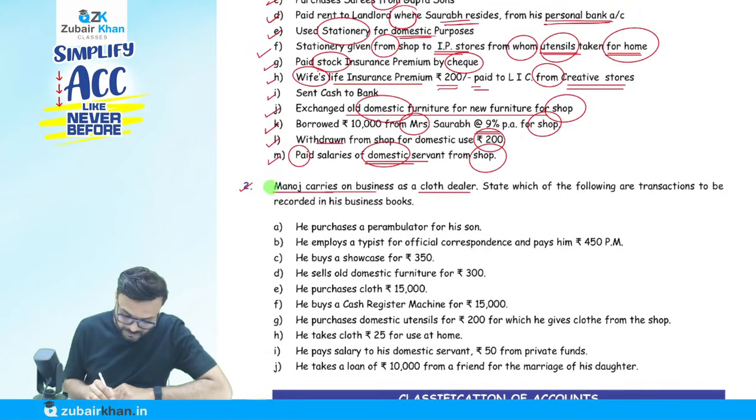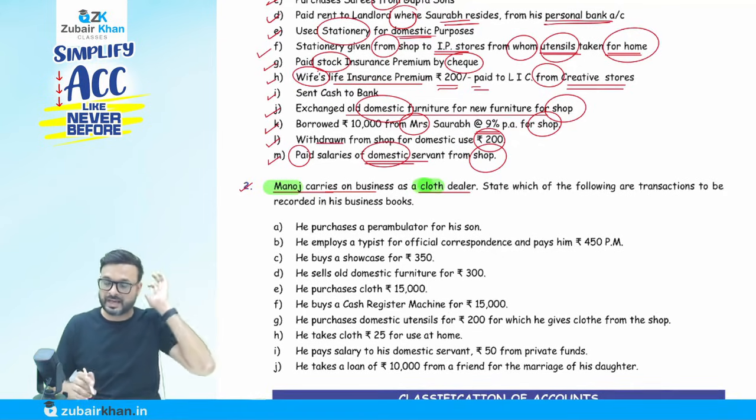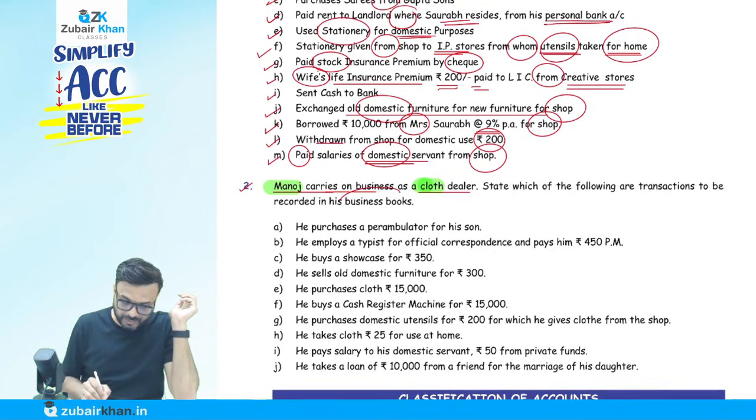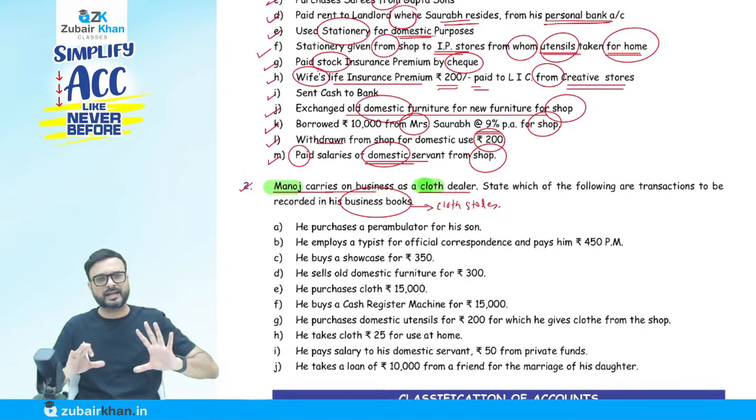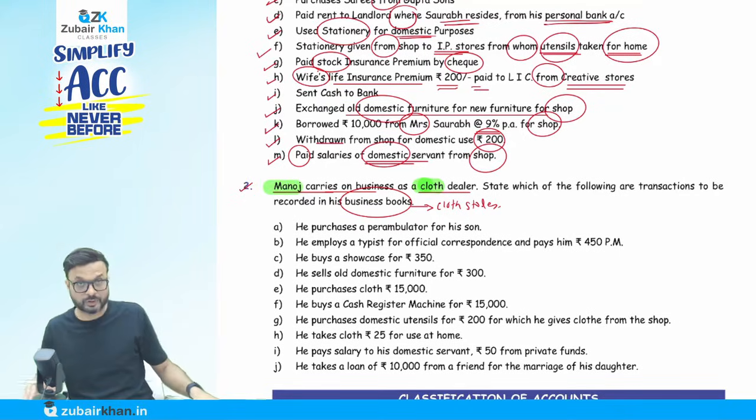So Manoj runs a cloth business. The cloth store is the business, and Manoj is the owner. They ask which transaction will be recorded in the business books. Like the previous question, we will check both parties, the cloth store as well as the books of Manoj.